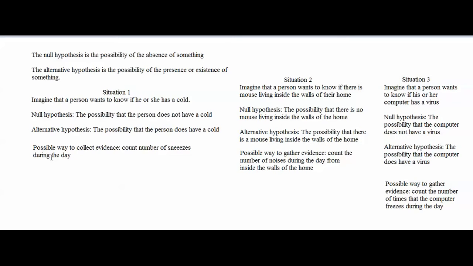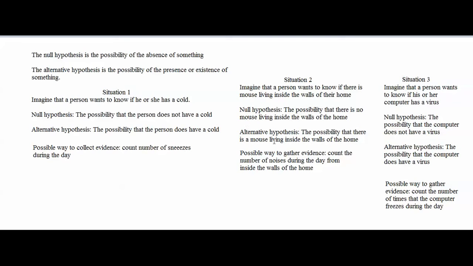If I sneeze 10 times and I decide that the null hypothesis is wrong and that I do have a cold, that's rejecting the null hypothesis, because I've rejected the possibility that I don't have a cold, and I've concluded that I appear to have a cold. So you either reject the null hypothesis and conclude that the alternative appears to be true, or you don't reject the null hypothesis and you just continue to assume that the null is true.